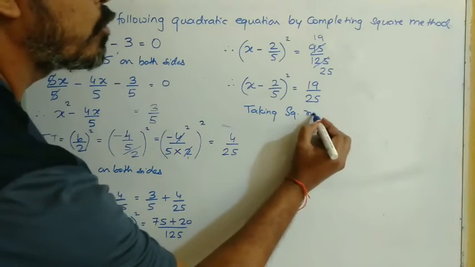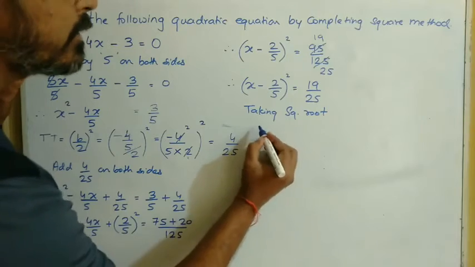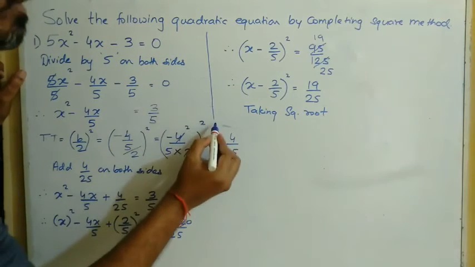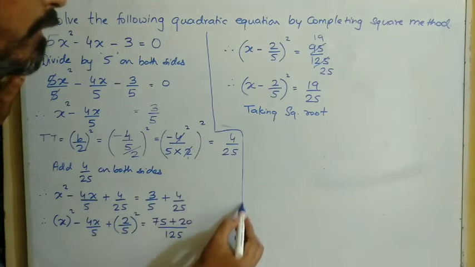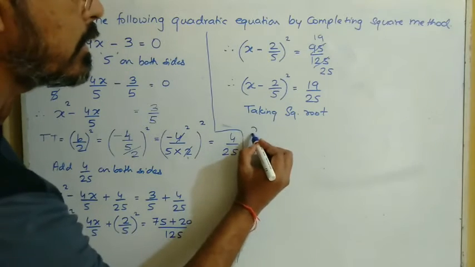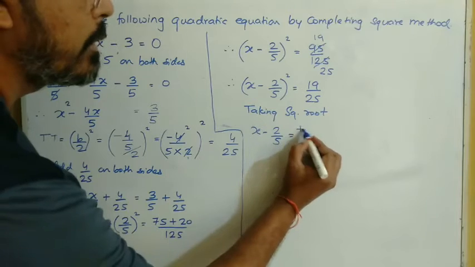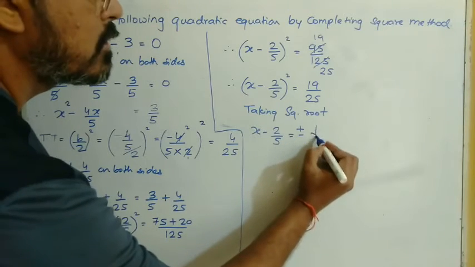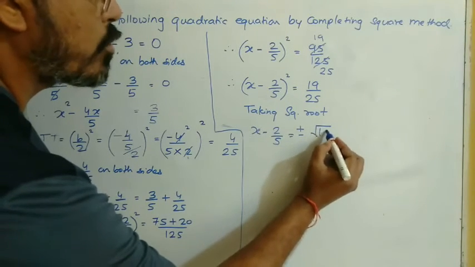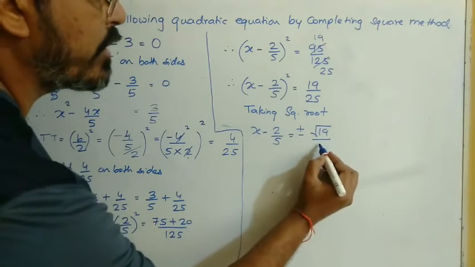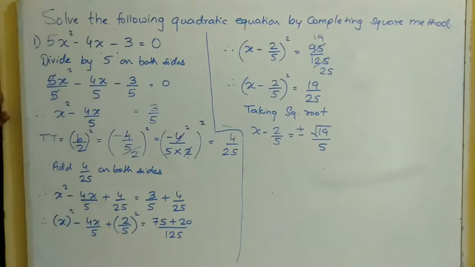Taking square root on both sides, I will get (x minus 2)/5 equals plus or minus square root of 19 upon square root of 25, which is 5.